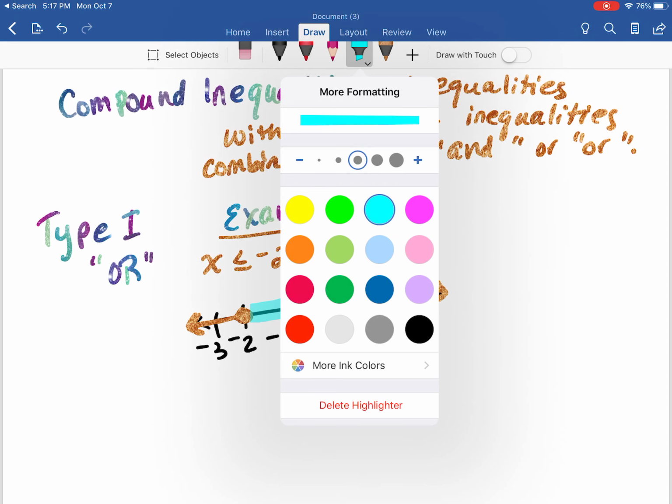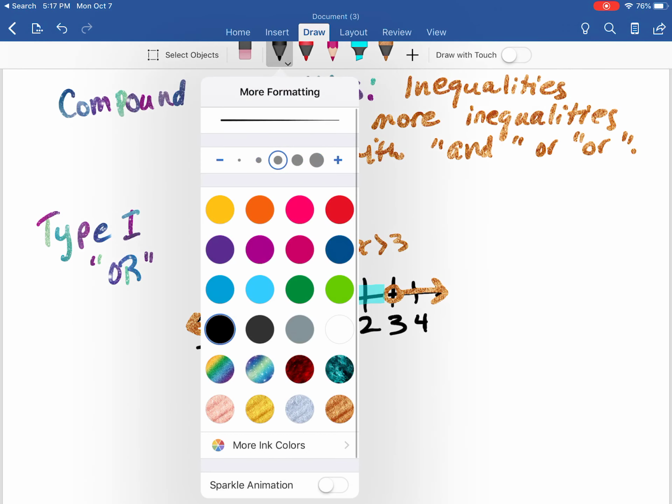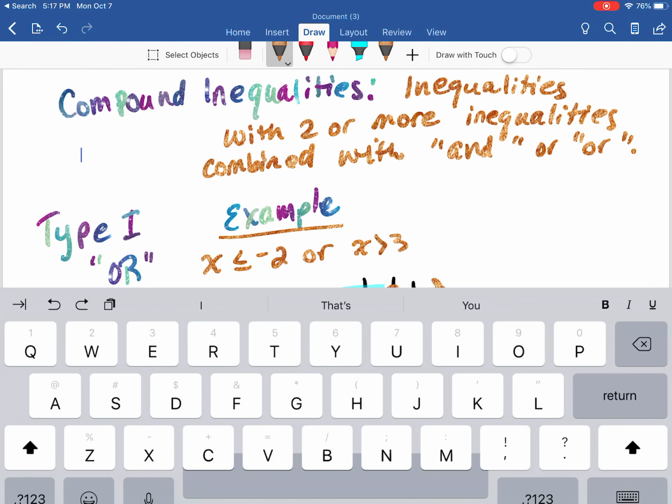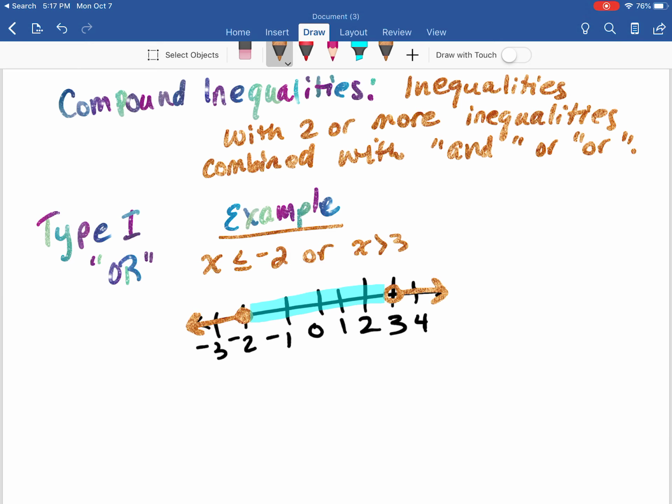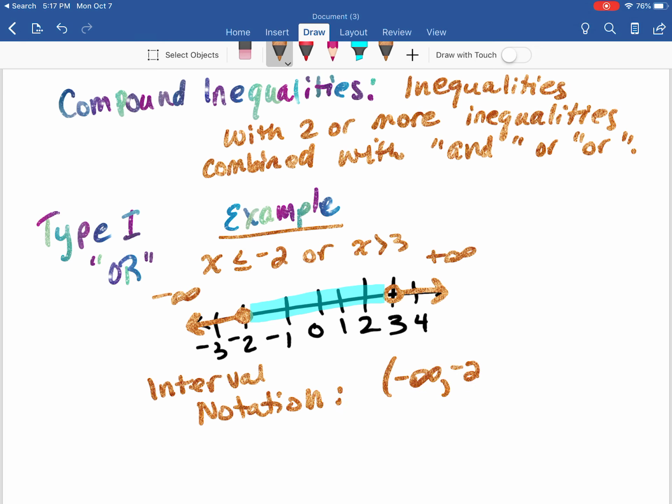Now, interval notation. This is where it gets important to understand. When we write interval notation, we're going to write these as two separate intervals. So this one is going to negative infinity, and this one is going to positive infinity. The interval notation for this would be negative infinity, negative 2, parentheses, because it's, no, actually, sorry, my bad, this would be a bracket, because it's equal to, it's including negative 2.